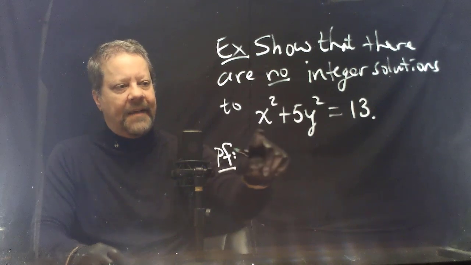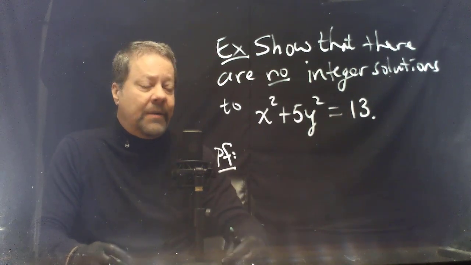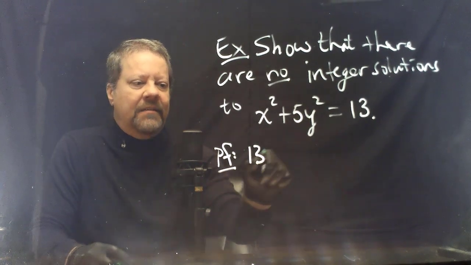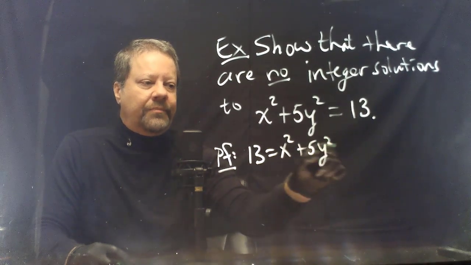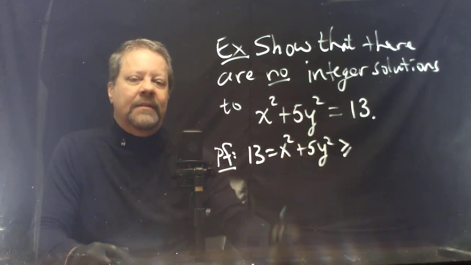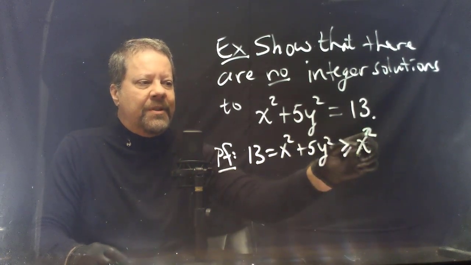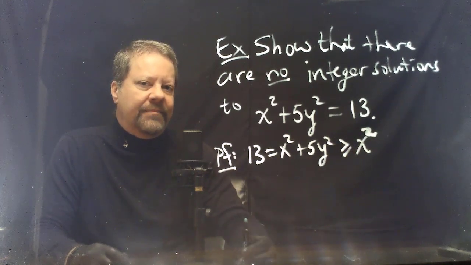It seems like x and y can't get too big because this sum has to be smaller than or equal to 13. In particular, we can write 13, which is supposed to be x squared plus 5y squared, will be greater than or equal to what happens if I ignore 5y squared. So this puts a bound on x. x squared will be less than or equal to 13.